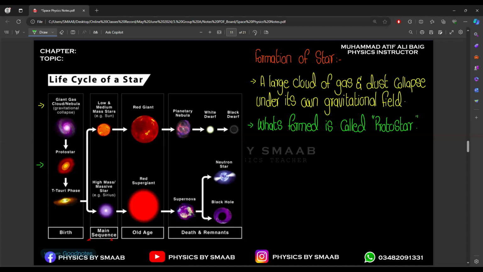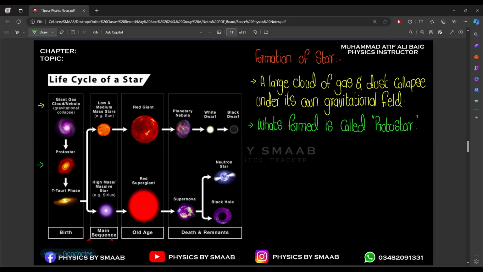Let's suppose they ask how a protostar forms. That is very simple. When a large cloud of gas and dust particles collapses under its own gravitational force or field, that stage is called a protostar. Simple.